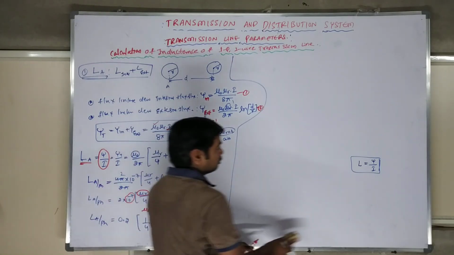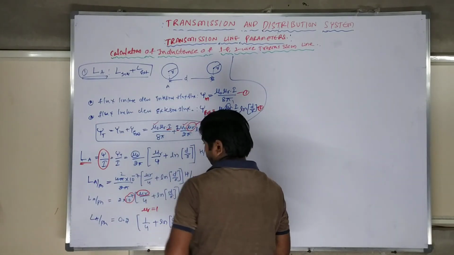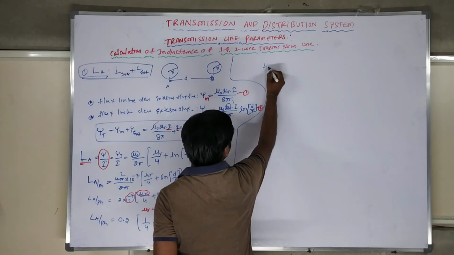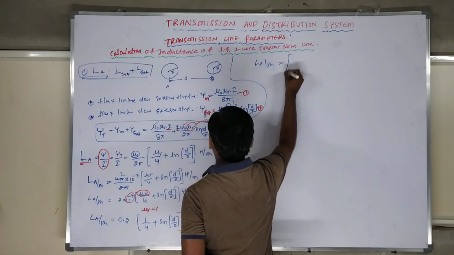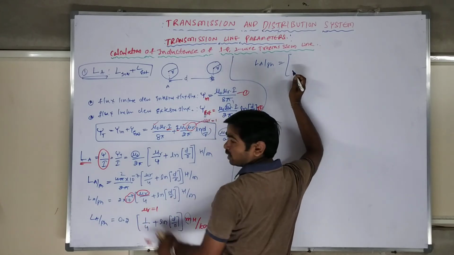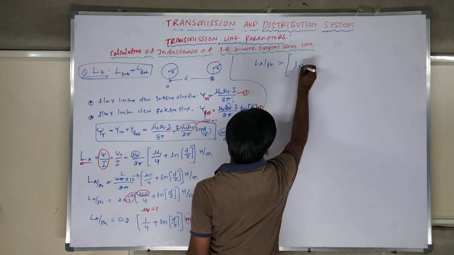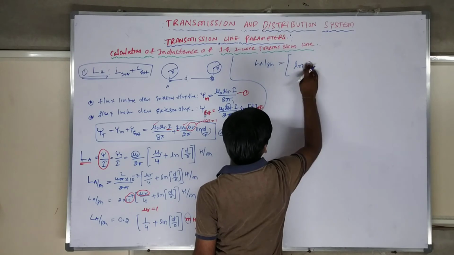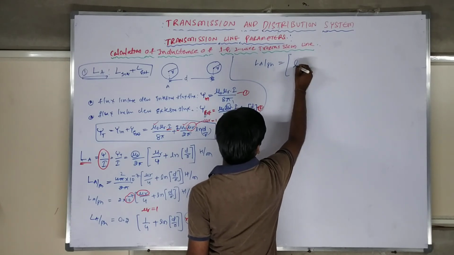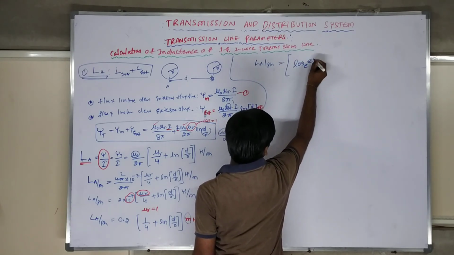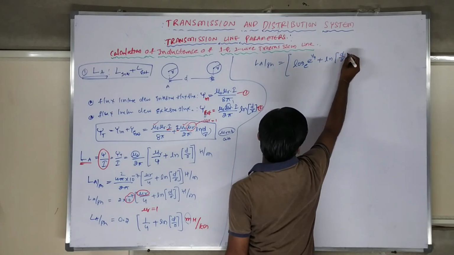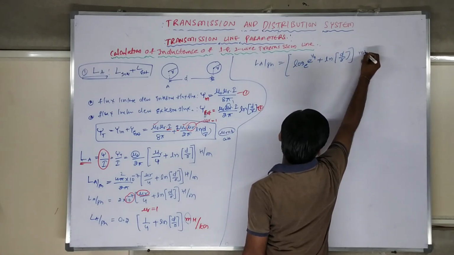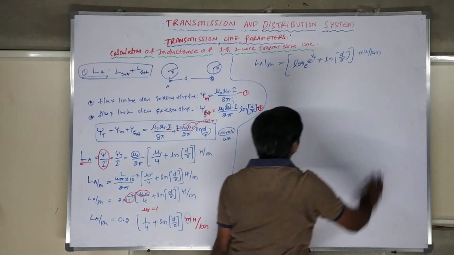So the next step: inductance per phase, for my convenience, I am converting into logarithm. It is 0.2 into ln of e power 1 by 4 plus ln of d by r, millihenry per kilometer.